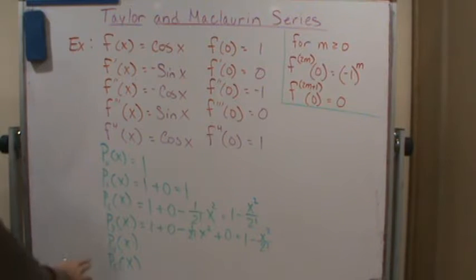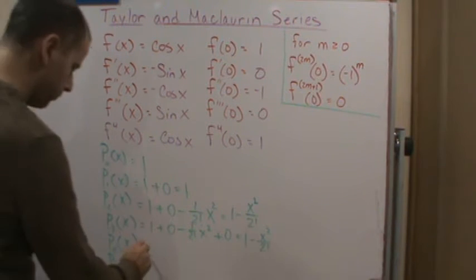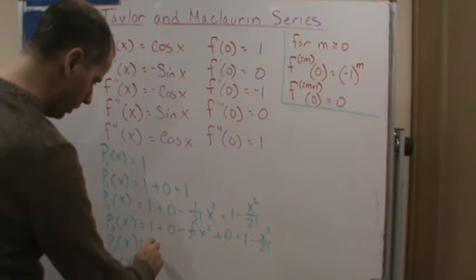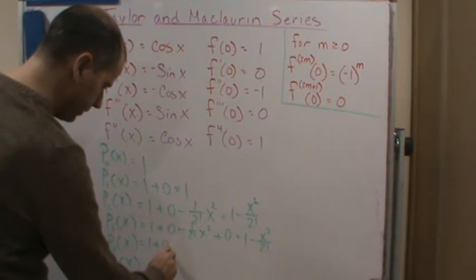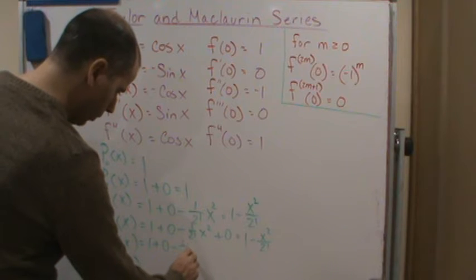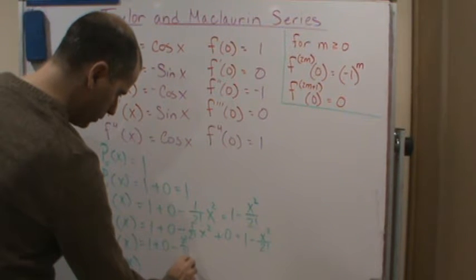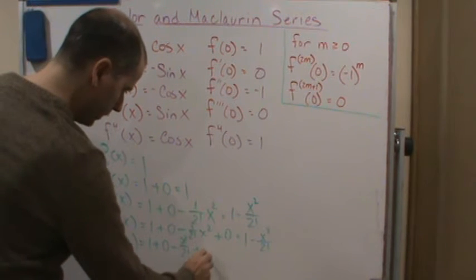And then p sub 4 of x is going to be what? That's just going to be 1 plus 0 minus x squared over 2 factorial plus 0.